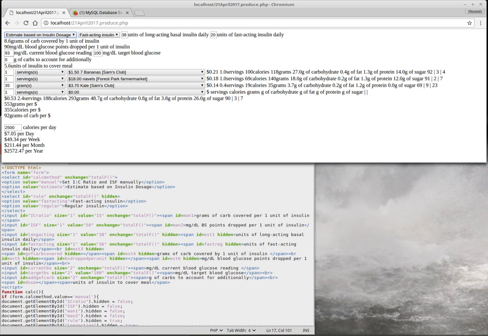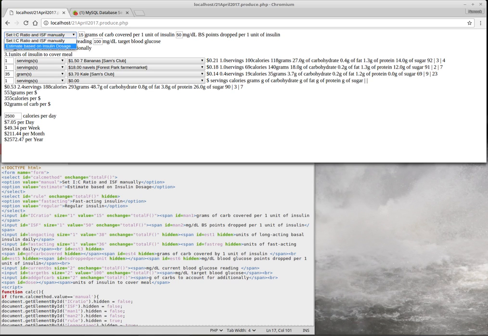But the insulin sensitivity factor and the insulin to carb ratio is what I recently added to it.